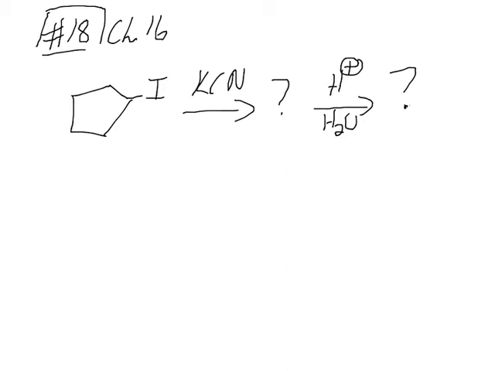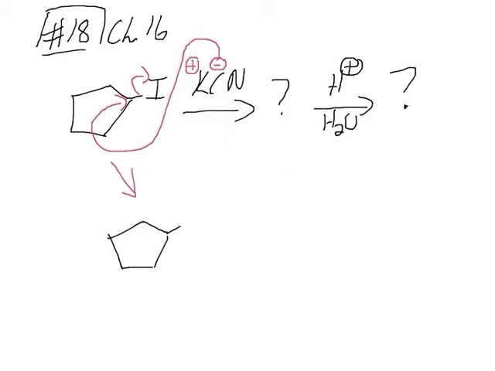Iodine is a good leaving group. KCN is a salt. SN2, backside attack. Draw the right stereochemistry. Get the nitrile. That's the first product, easy.